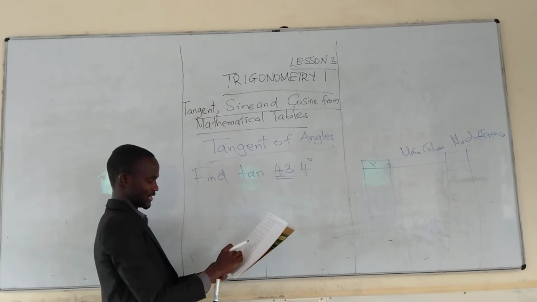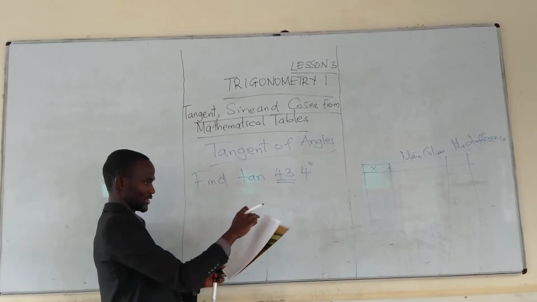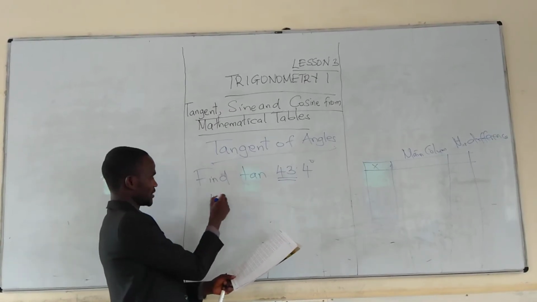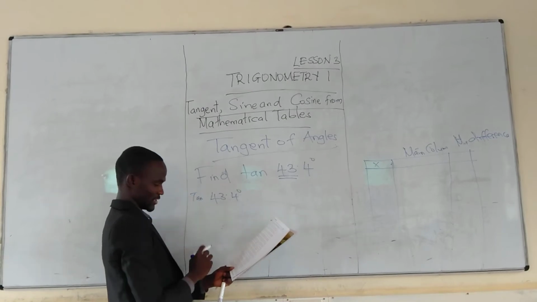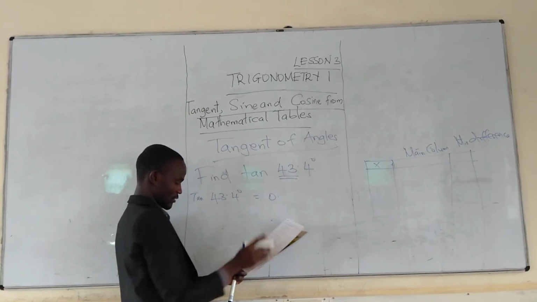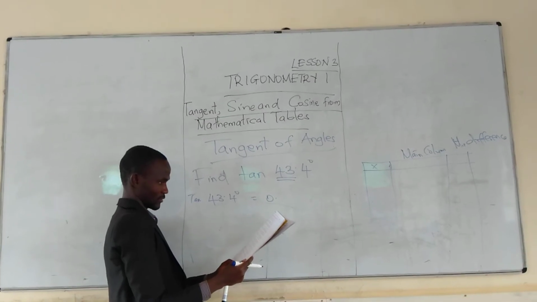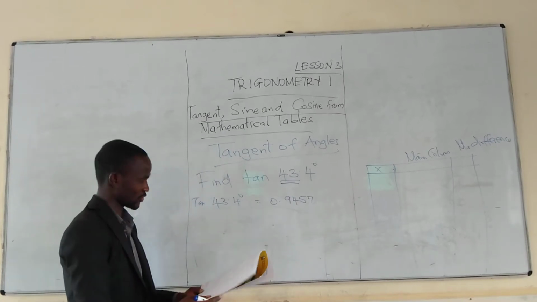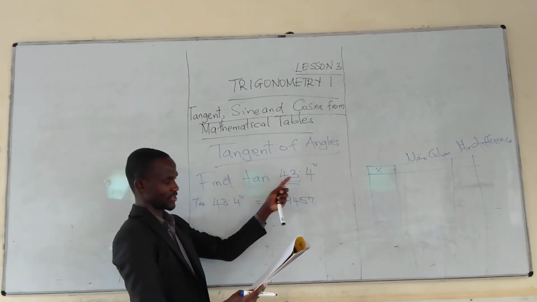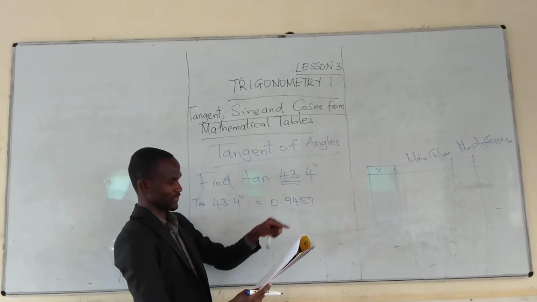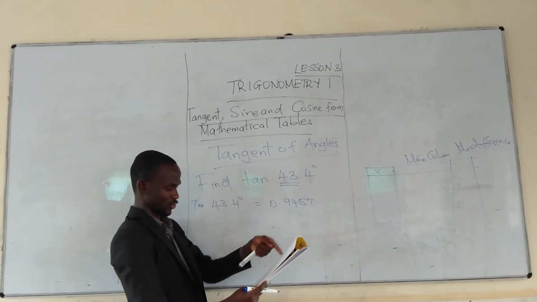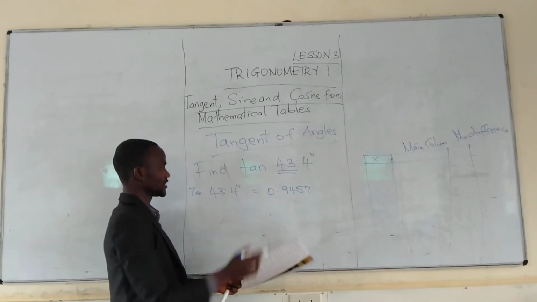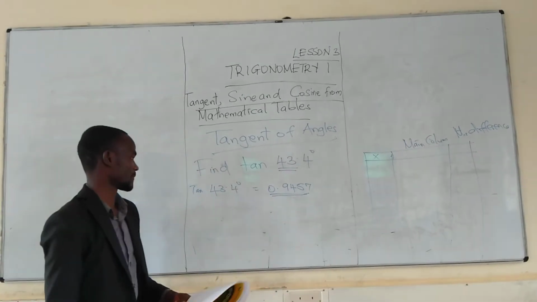If you check your natural tangent, where the 0.4 meets with row 43, tan 43.4 degrees is 0.9457. So we go to row 43, then we go to the main column where they have indicated 0.4, go down with it, then where it meets row 43, this is what we get as our tan 43.4.